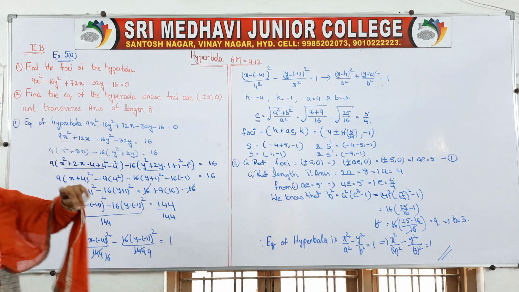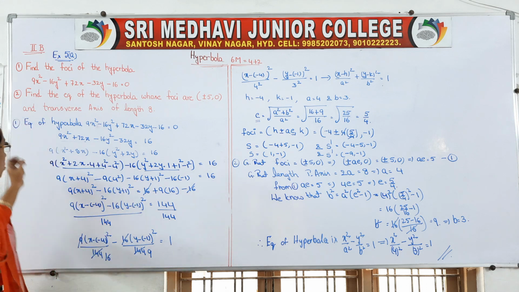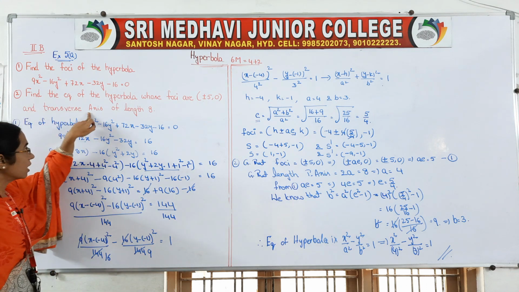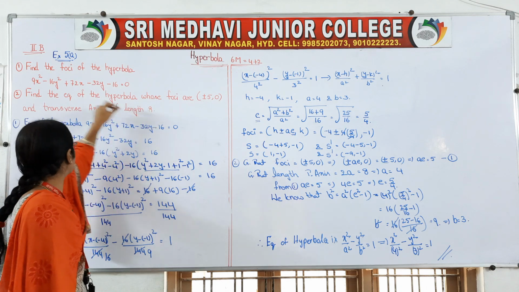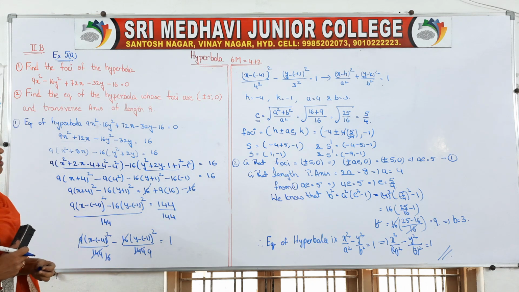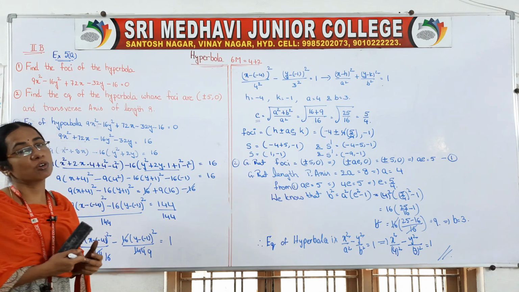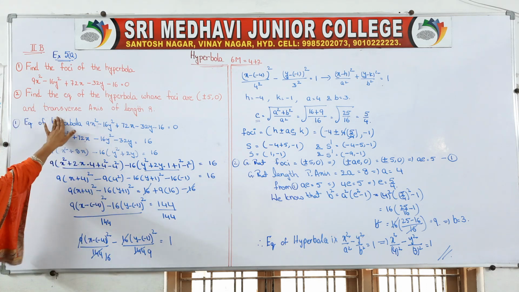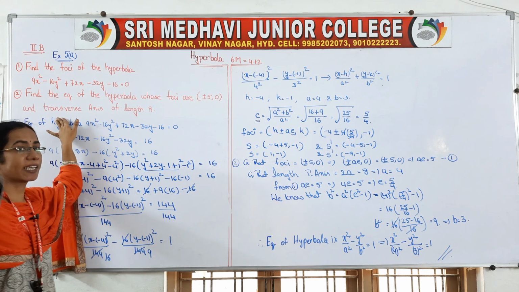Okay. So in the second one, the foci are directly given. Plus or minus means two foci are given, S and S dash values are given to you, and the length of the transverse axis is also given. Find the equation of the hyperbola. Whenever the foci are in the form of plus or minus AE comma 0, your equation of the hyperbola will be of the first or second case.